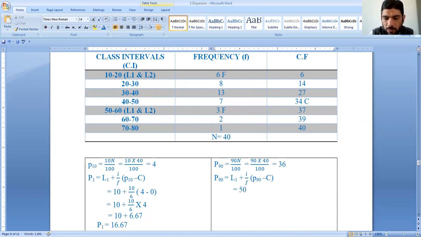We apply 50 over here as L1, plus I upon F, where I is the difference between the class interval, that is 10. F we have found as 3, multiplied by P90, that is 36, minus C, which we have as 34.